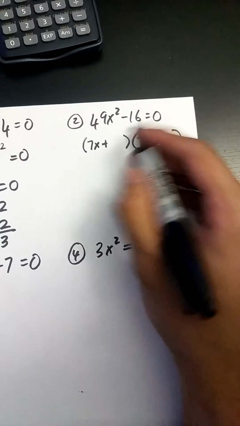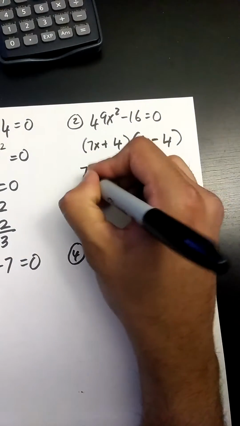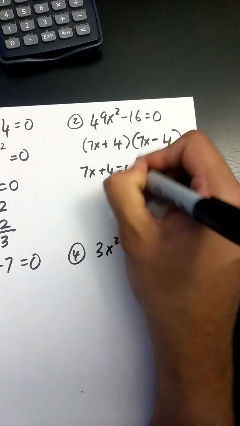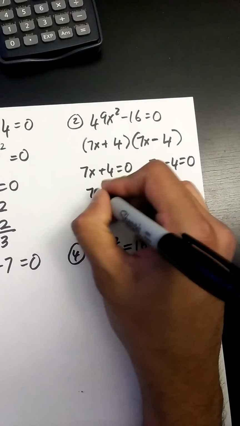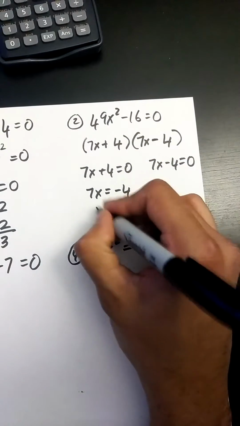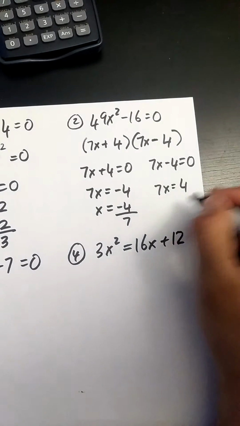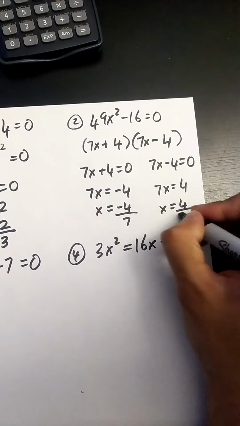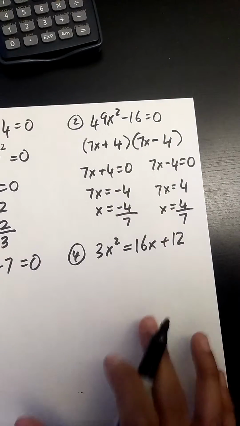And the square root of 16 is 4. So 2 solutions here, 7x plus 4 equals to 0, 7x minus 4 equals to 0. And we always have 2 solutions for difference of squares.